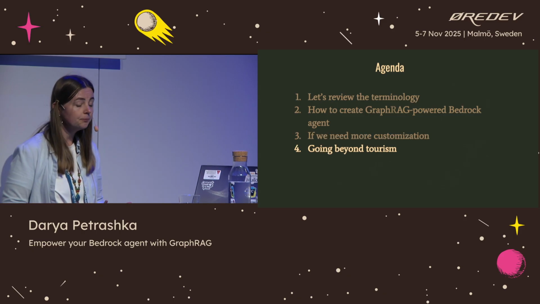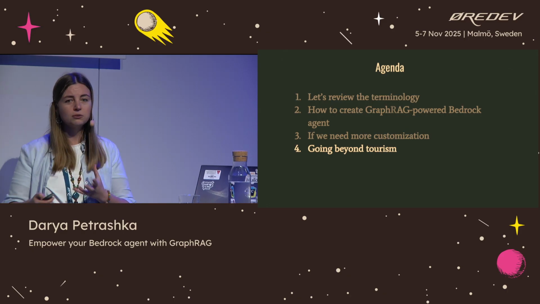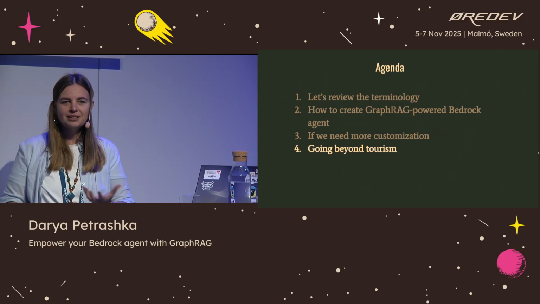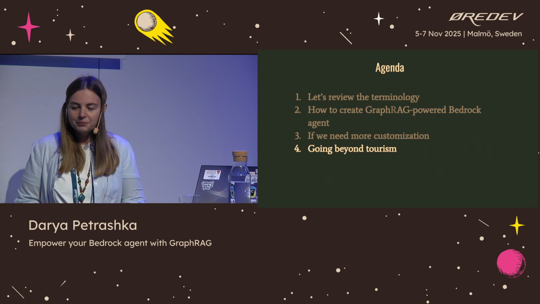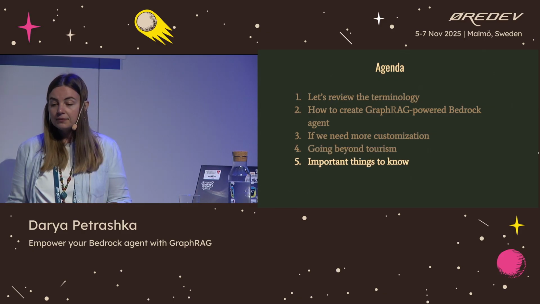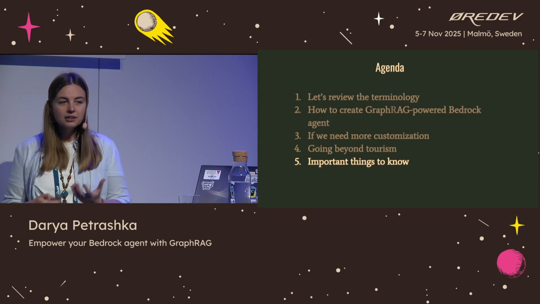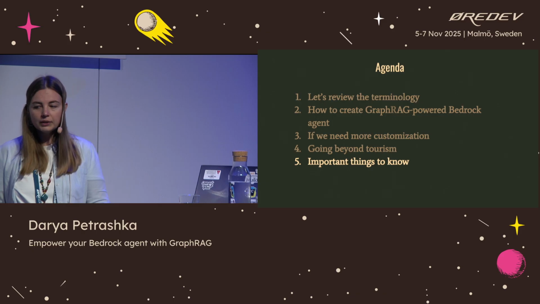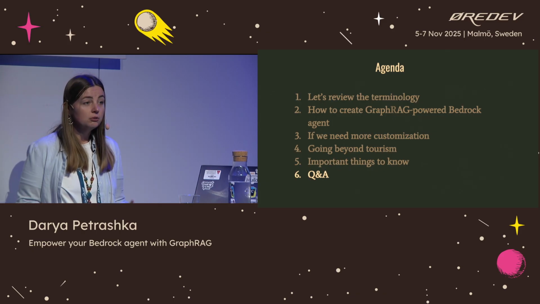My examples will be pretty simple and based on tourism, because it's an industry that everyone can understand, since pretty much everyone has done some trips. But we will see what the possible use cases are beyond that. There will also be some disclaimers and important things to know when you are trying to build something with graphs. And I think we can do a Q&A in the end.